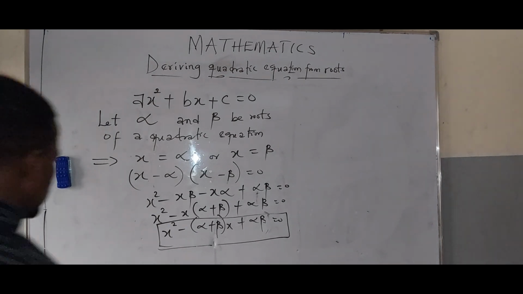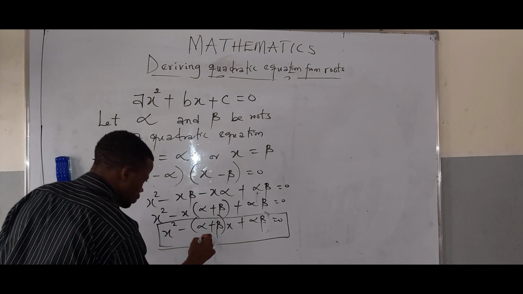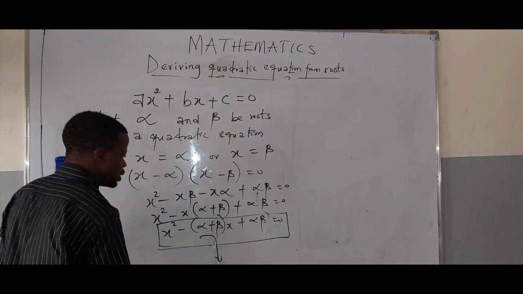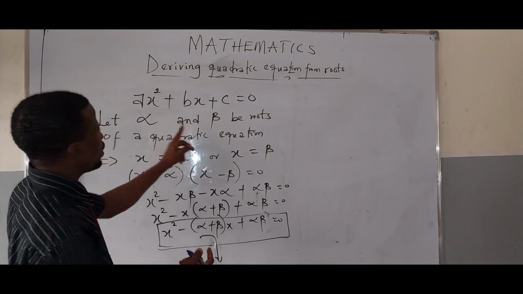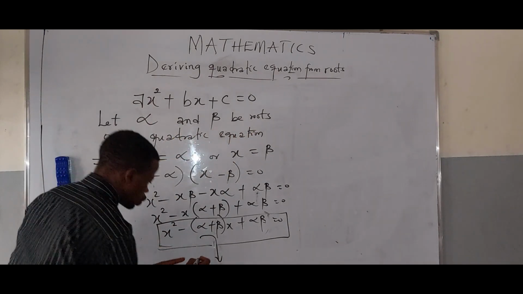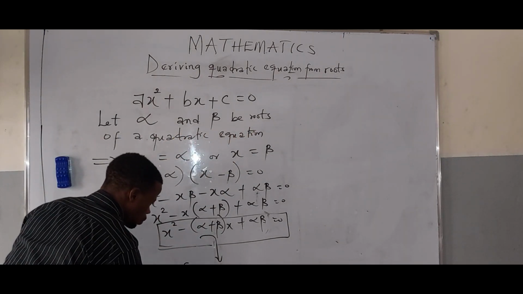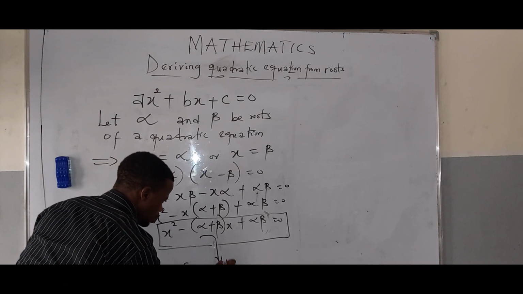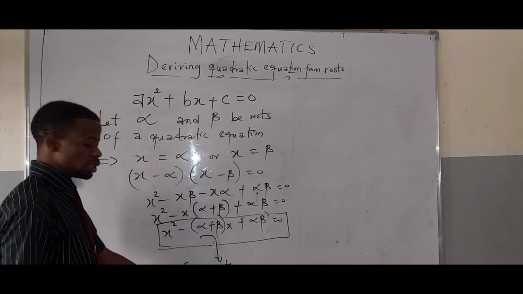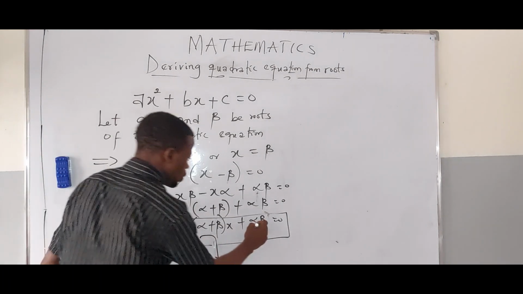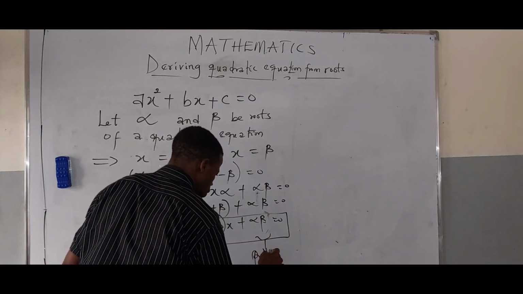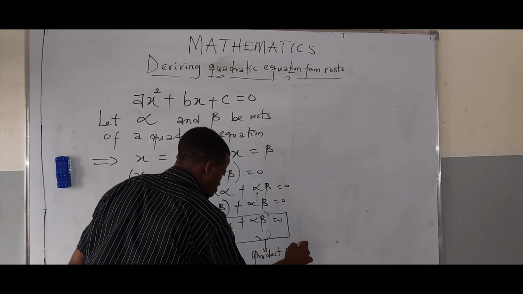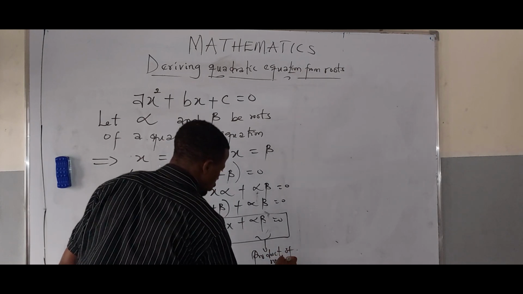This implies that this is the sum of the roots, because, don't forget, let alpha and beta be roots. So alpha plus beta is the sum of roots, when you add them together, while this is the product of roots.